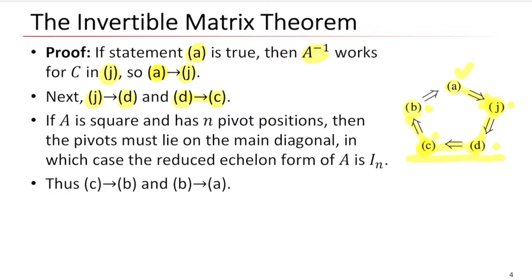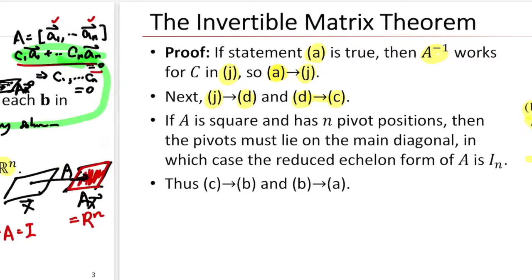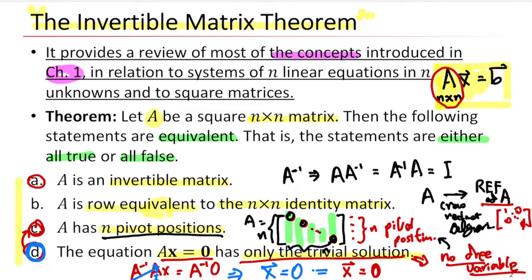From C to B. If A has n pivot positions, then matrix A is row equivalent to the n by n identity matrix. What does it mean?